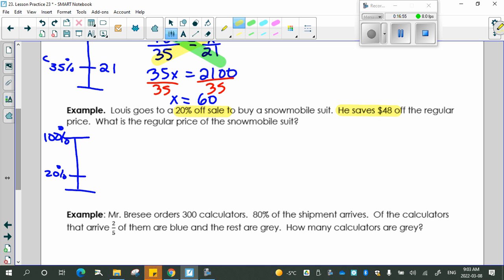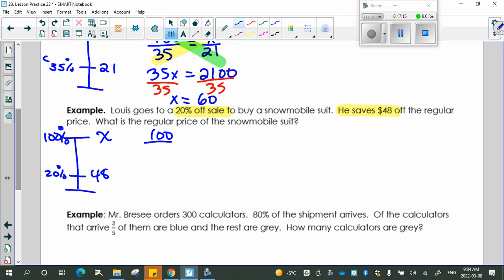So is that $48 20% of the price, or is it the whole price? 20% of the price because it's the amount he gets off, okay? It's the amount of the discount. So he saves $48, which represents 20% of the price. So X will represent the total amount of the price.